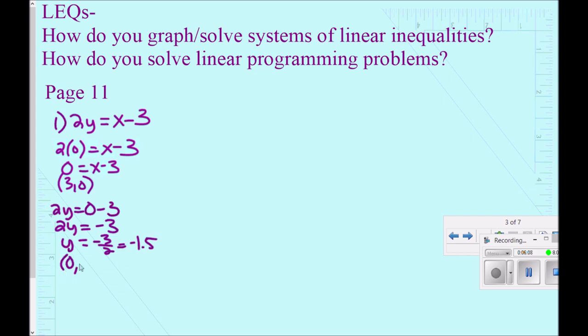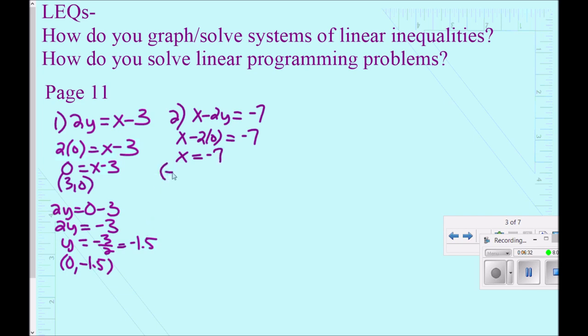So 0, negative 1.5. Next equation, again, it's an inequality, but I'm going to rewrite it as an equation. x minus 2y equals negative 7. So solving for the x-intercept, putting 0 in for y, x is equal to negative 7.